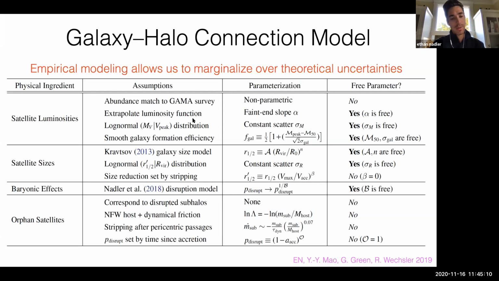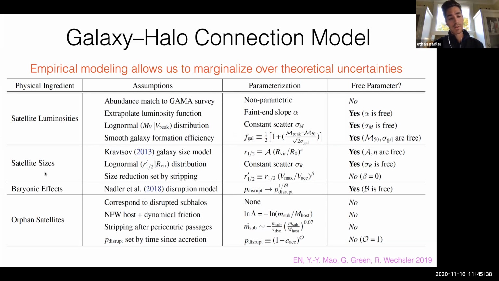And so we can extrapolate that into the regime of ultra-faint galaxies, leaving things like the slope of the luminosity function for these satellite galaxies and the amount of scatter in that relationship free, and even the fraction of these small dark matter halos that host dwarf galaxies. So these are all things that are fit for in our statistical inference using the observed satellite population.